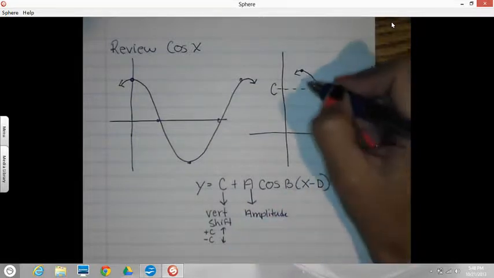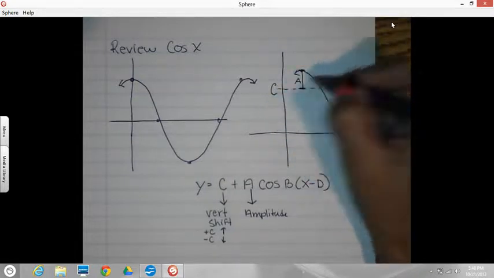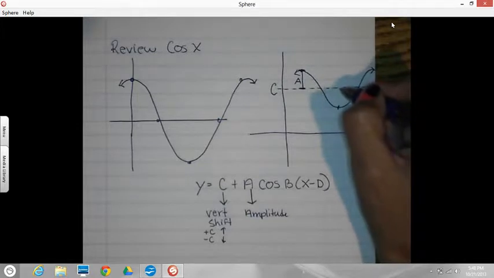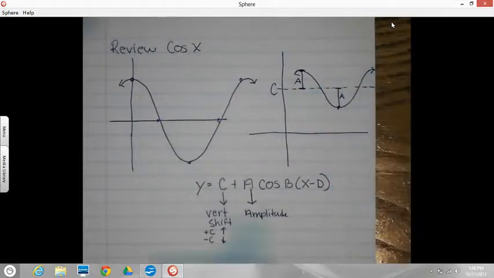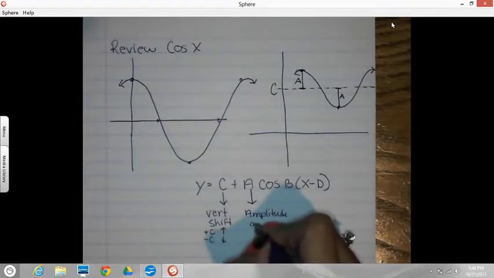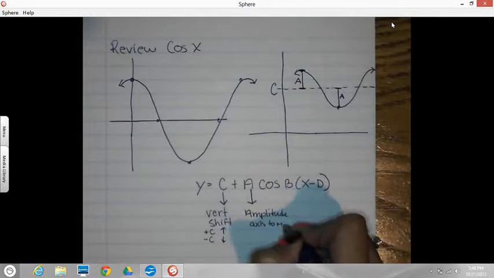So it's how far apart the max and this axis are. Or you could go from the axis to the min. Those are going to be the same because that axis is right in the middle. And then that was your amplitude number. So from axis to max or min.